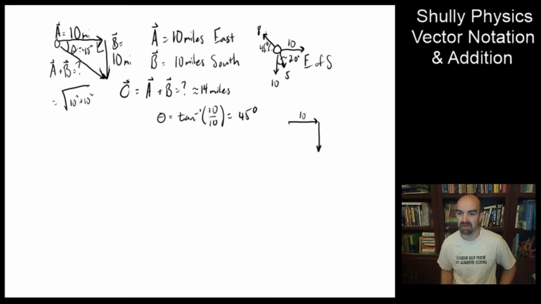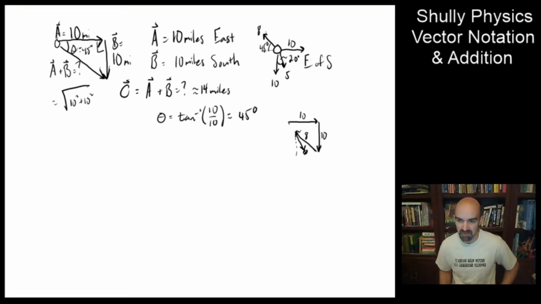So we'd have a 10, and the next one, tail to tip, was an 8 in the northwest direction. And then we had 5 miles, 20 degrees east of south. So if this is south, we're going to have a 5 sort of like that. X marks the spot. So that would be the end point.